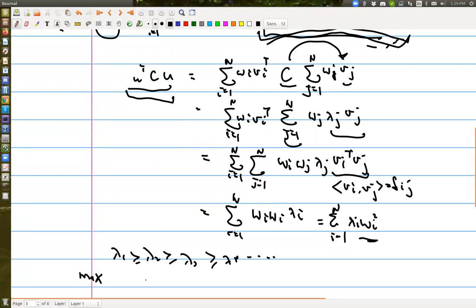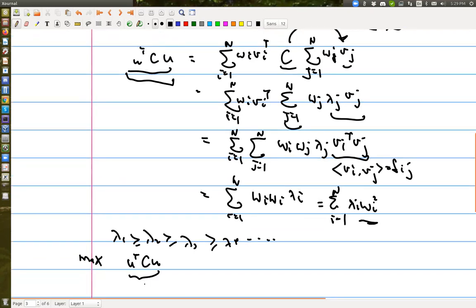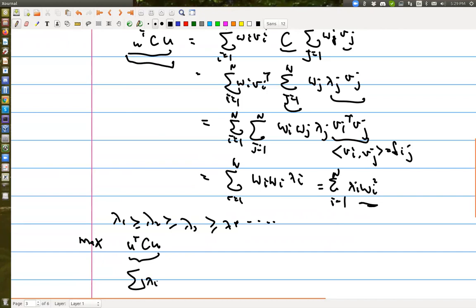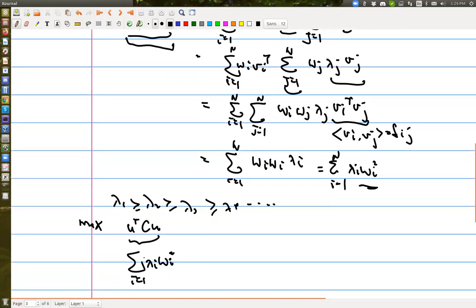Remember that now my formulation becomes maximize u transpose C u. This is actually equal to the sum over i equal to 1 to n of lambda i Wi square, such that the sum over Wi square is equal to 1.